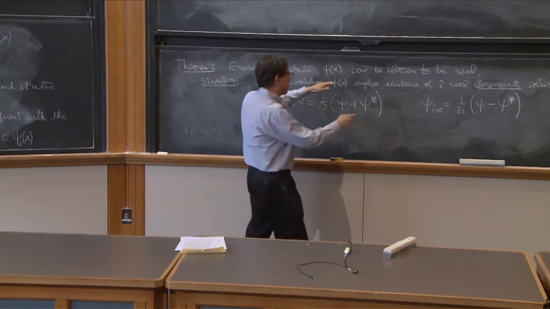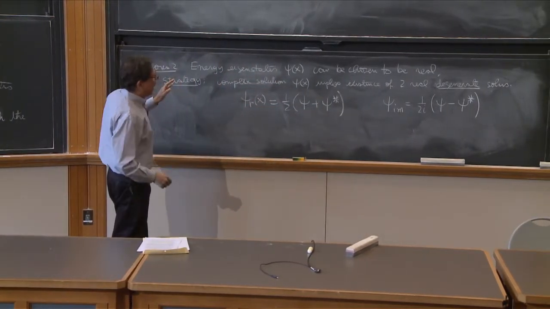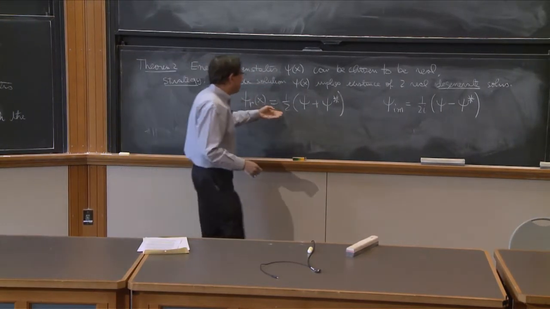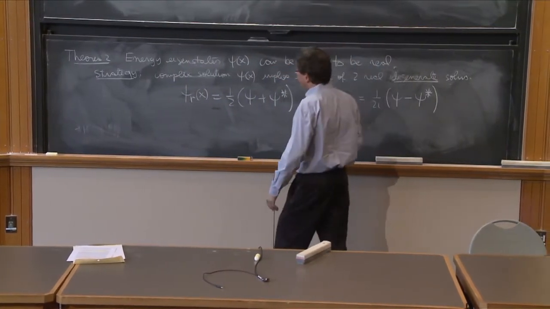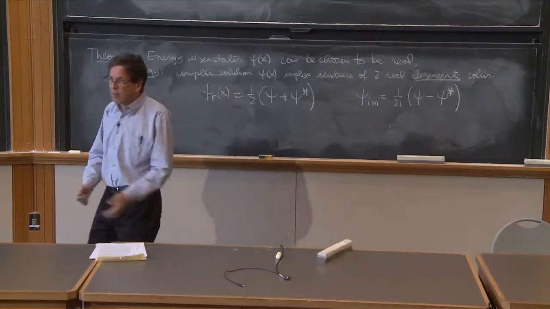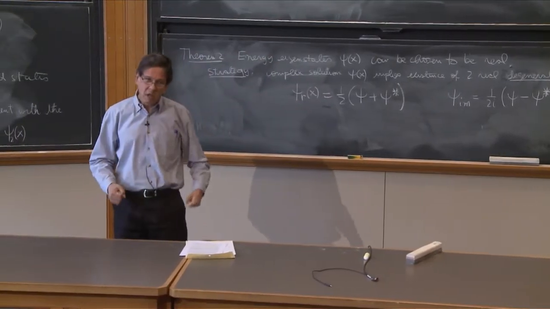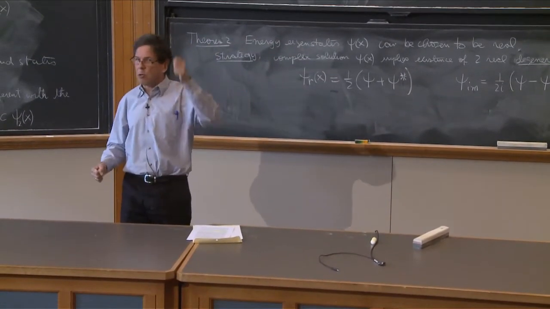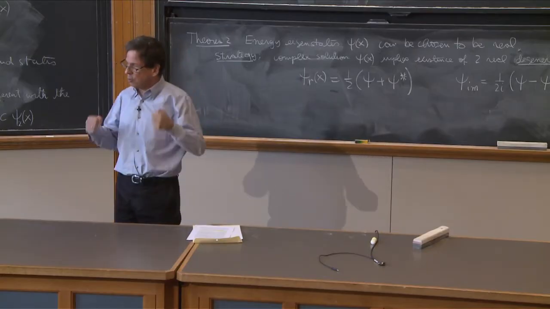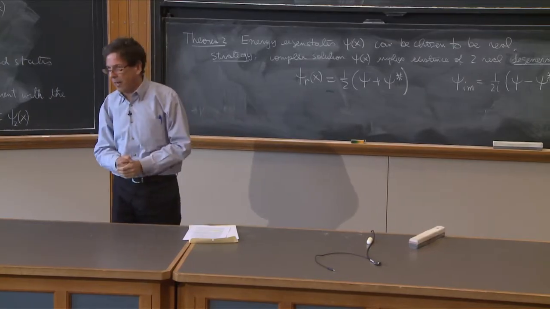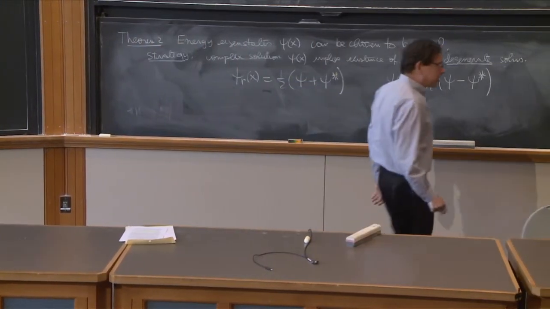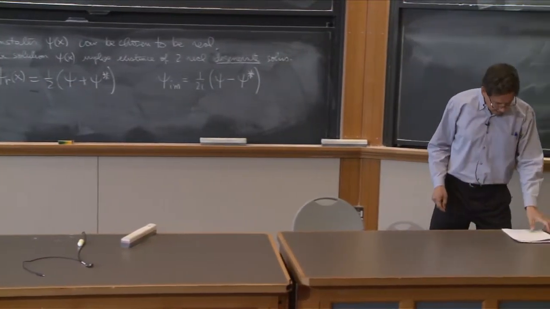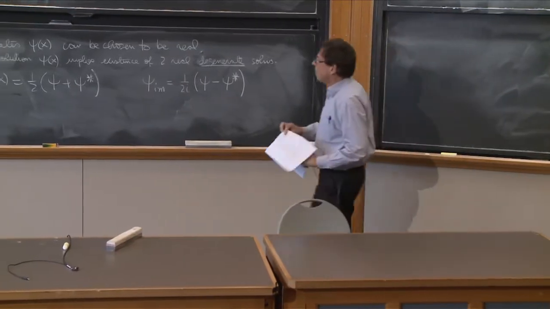A complex solution implies two real solutions. And therefore, since you have real solutions, you can always choose them to be real. No loss of generality. You had a complex solution. You say, I like just real solutions, and you choose your two real solutions. You've given the whole thing. But then there is a nice corollary for the case of one-dimensional bound states.